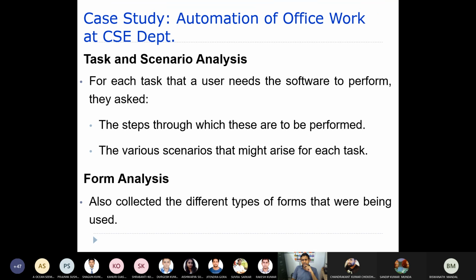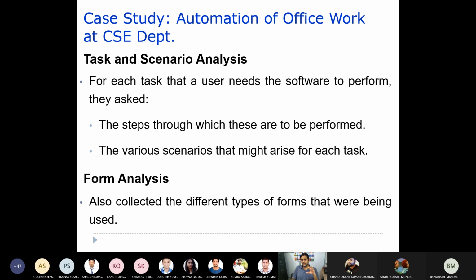Now, for each task the user needs the software to perform, they ask. As I told you, after the discussion, let's say we have found two or three activities, or tasks, and the steps through which these are to be performed. So we try to get whatever existing steps there are, and how we are going to execute those steps so as to achieve those tasks.